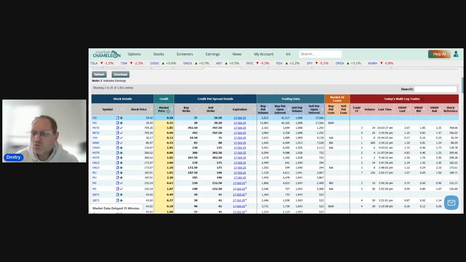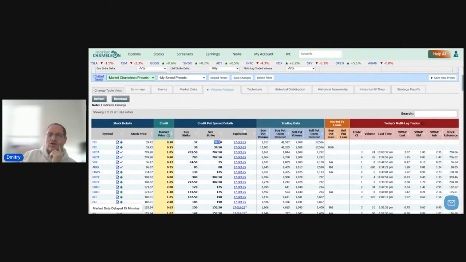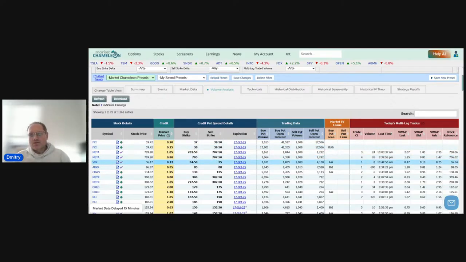So when we look at selling something, let's say we're looking at the sell strike. If we're doing a credit put spread, we're selling one and buying the other. Let's start with the first one. If we're looking to sell an option, we're trying to sell it at the highest possible price.